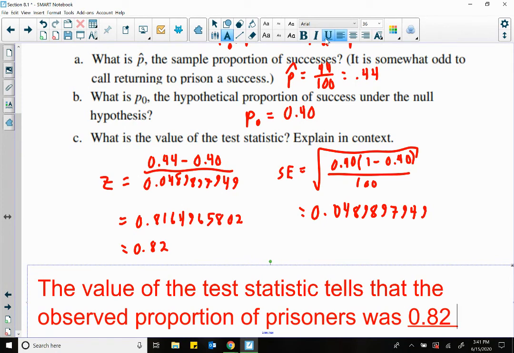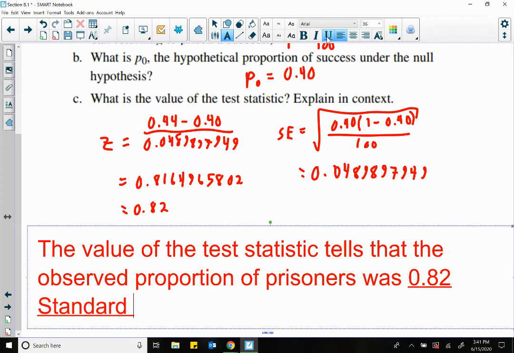And what is this number about? Okay, so this is a z-score, which represents standard error. Remember, z-scores are the standard deviations you are away from the mean. So that's the next blank that you're going to fill in: standard error.